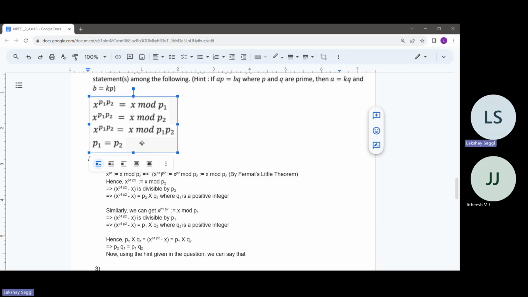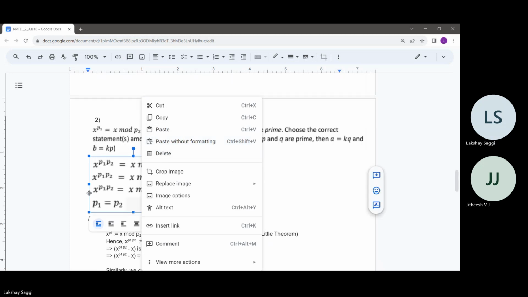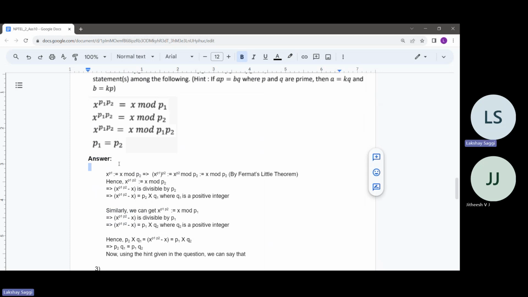Maybe what I should do is, at the start of the answer, just assume that P1 is not equal to P2, because it can create some problems. This hint is only true if P and Q are not equal. If P and Q are actually equal, then this sort of claim can cause some problems.